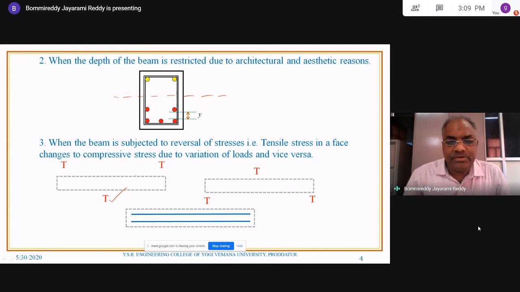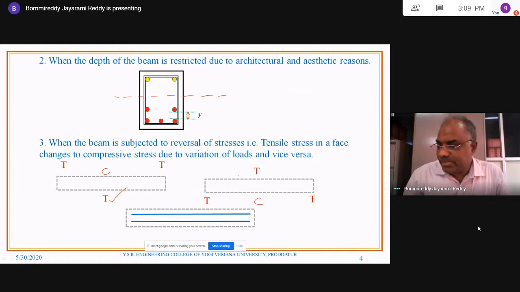And because of wind force or any earthquake force on the member, the same point may be under compression. Or otherwise, an already compressive area is now changed to tension. So that means the tension zone is changed to compression, and the compression zone is changed to tension. That is called the reversal of stresses.